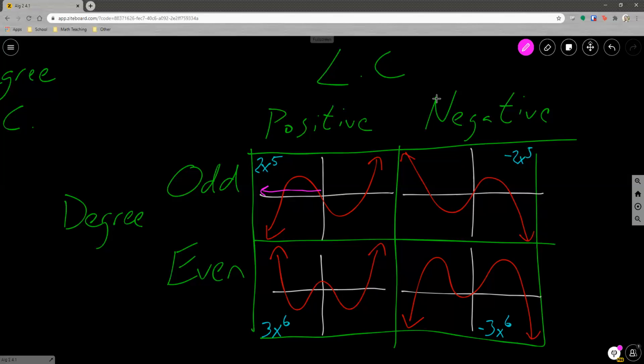Well, in this graph here, when it's odd degree and positive for the leading coefficient, as x goes towards negative infinity, my f of x value goes towards negative infinity. As x goes towards positive infinity, to the right, my f of x values go up towards positive infinity.